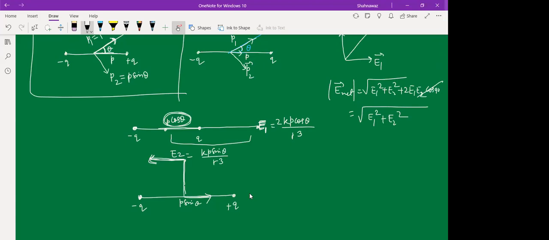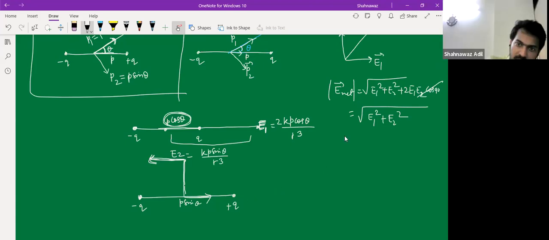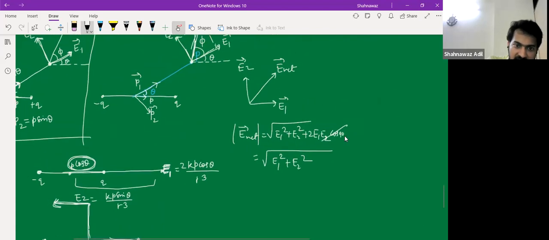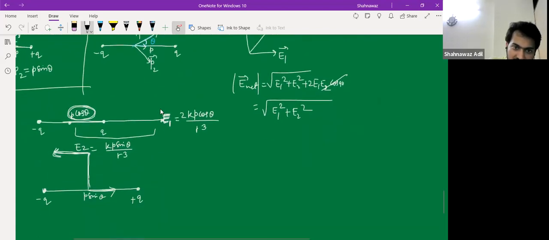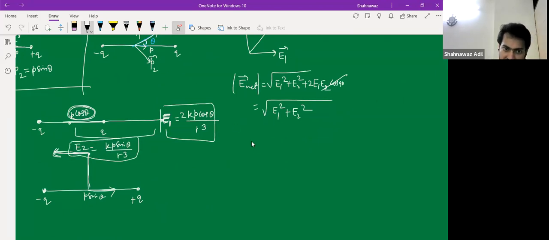Now we know the value of E1 and the value of E2, so we can plug in the values and get the answer. This is 2 K P cos theta, and K P by r cube is common, so I can take it outside.